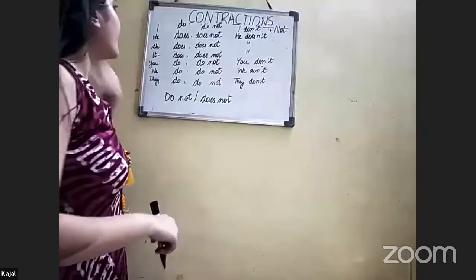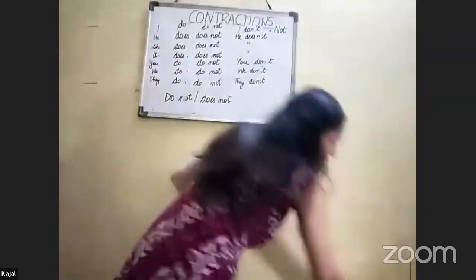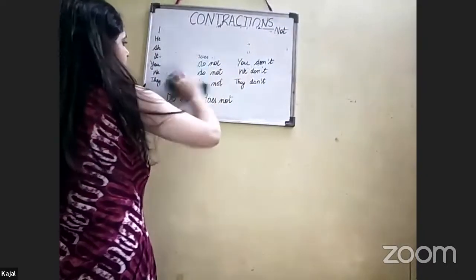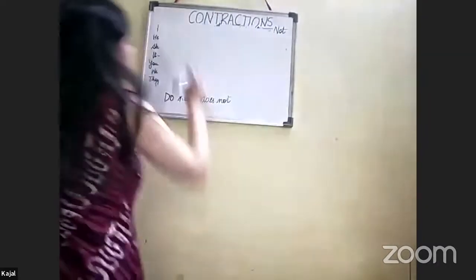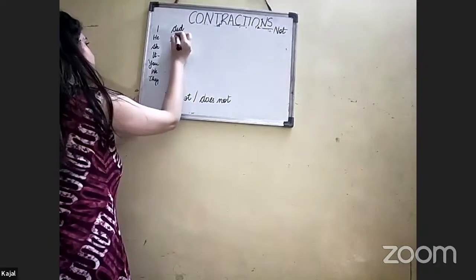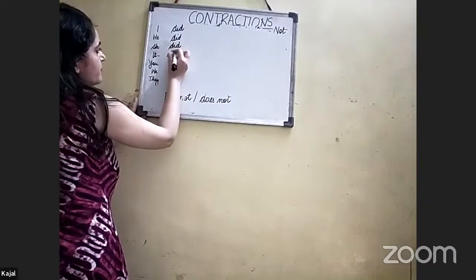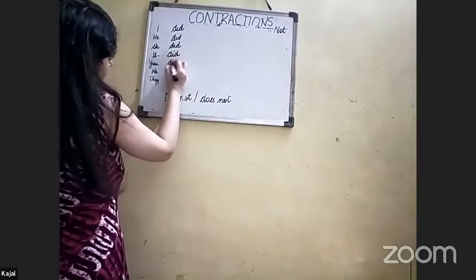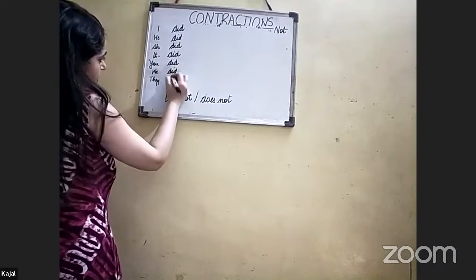So now we have the past tense of do and does, that is did. Okay, we have the past tense, that is did. I did, he did, she did, it did, you did, we did, they did.